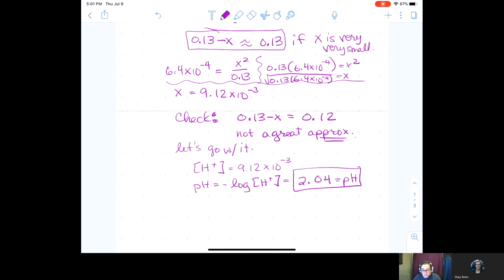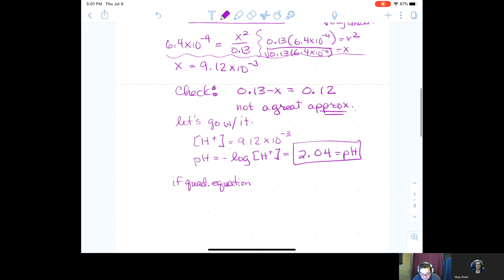If I solved for this exactly using the quadratic equation, I will get something very, very close. Sometimes it's exactly the same, but it should be very, very close.